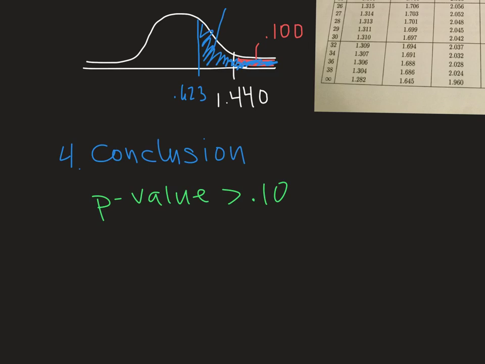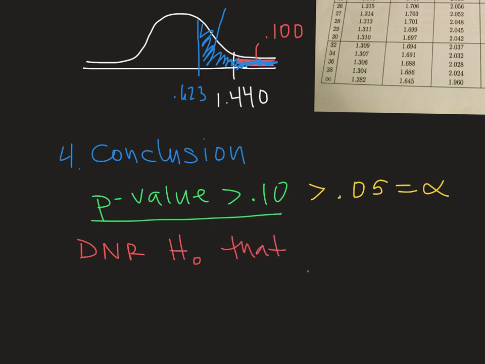Our alpha was 0.05. Well, it is greater than 0.05, which is our alpha. Because we know that the p-value is greater than 0.1, that means that it is greater than 0.05. It's greater than alpha. All right, so what's our conclusion? We do not reject the null.